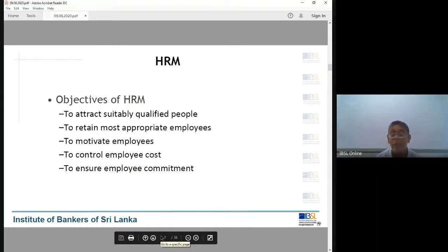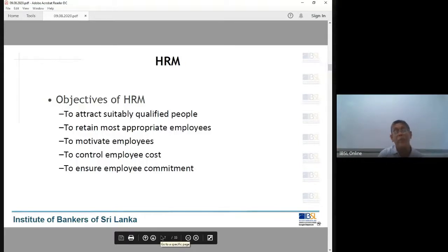Everything comes to employee cost. So a good HR manager tries to control the cost. And another objective is to ensure employee commitment. So these are what you call the objectives. Right? Now you understood.